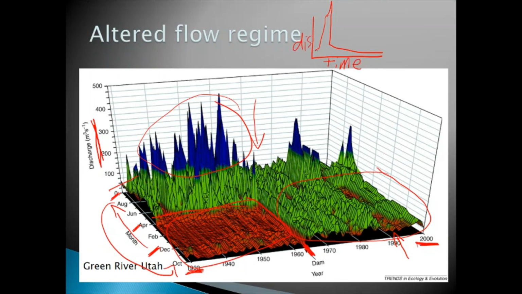But now what happens when you put a dam on a river? You would have a lower flood that is then lasting a longer time. So the area under these curves, the total amount of water going down, is the same, except when you have a dam, the magnitude is lower, but the amount of time that there is water is extended.